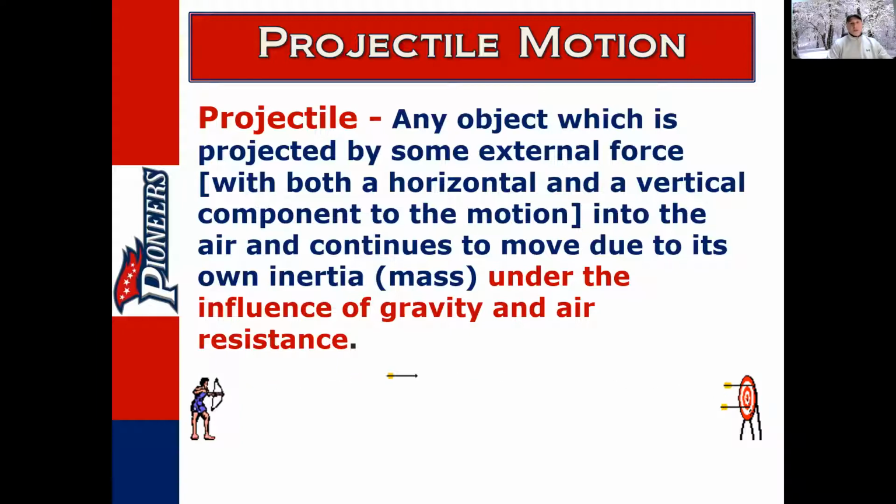Those are not projectiles until the engines stop working. So if you're in a plane and the engines stop, now that's a projectile because it doesn't have a way to control its own forward speed. Then it's just going to keep going forward because of the speed it had, but it's going to fall because of gravity. That would not be a projectile if it has engines.